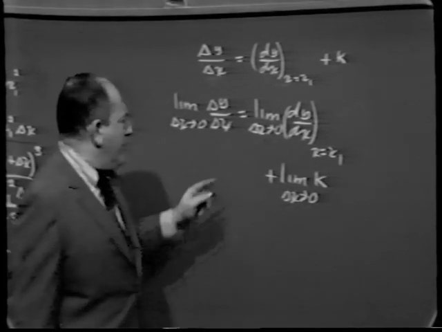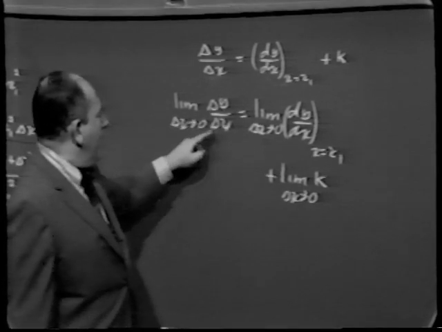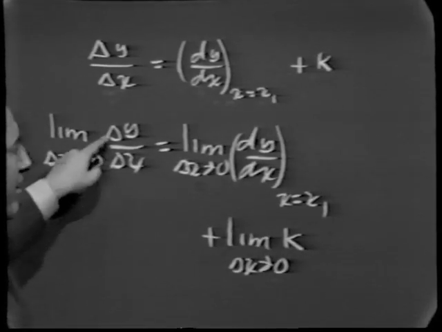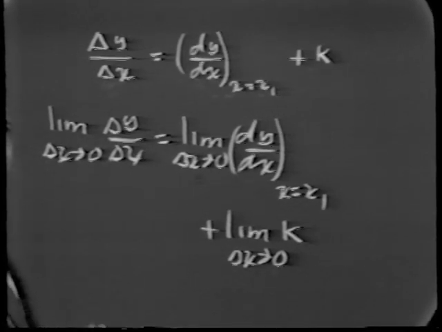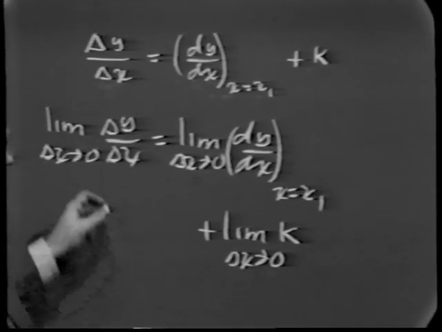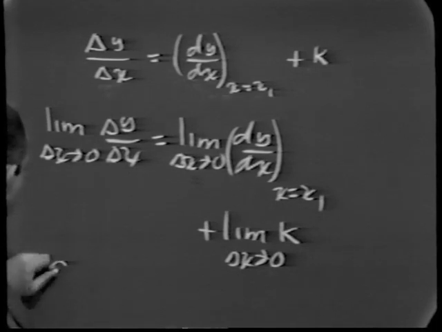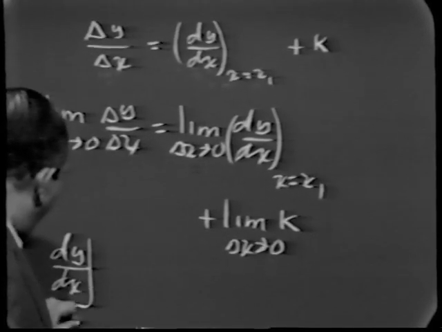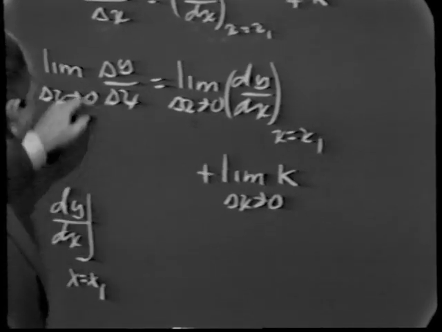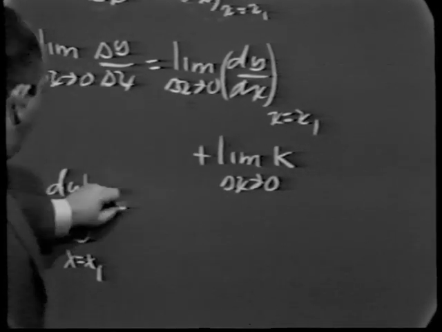Now, let's stop to think what these things mean. The limit as delta x approaches 0 of delta y divided by delta x is precisely the definition of derivative. In other words, this term here is just dy/dx. And keep in mind, we've evaluated this at x equals x1. That's the point at which we're starting.